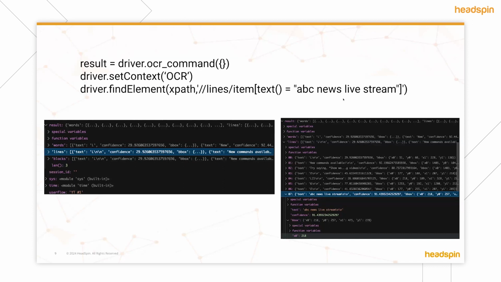In my case, I'm looking for the ABC News live stream. As you can see when I expanded the objects, in the text that gets detected there are XY coordinates, and we can just use those coordinates to select it. You can go directly to that element.